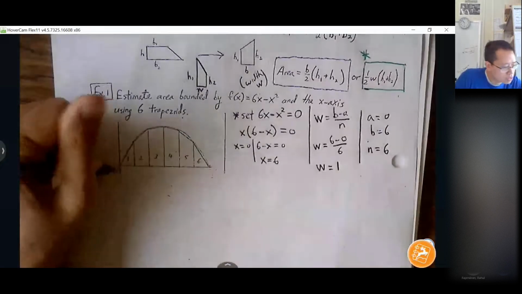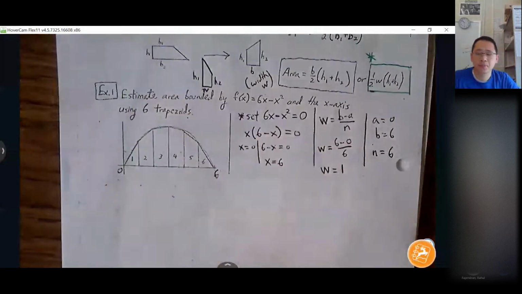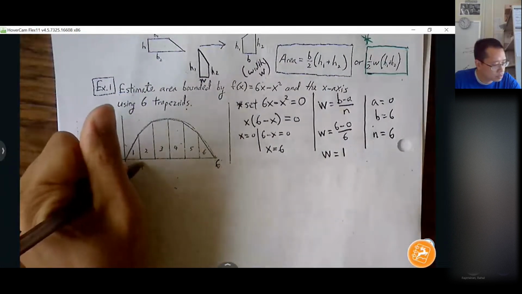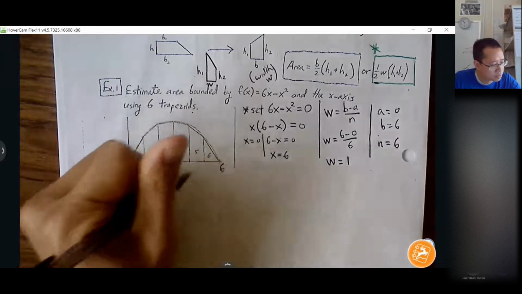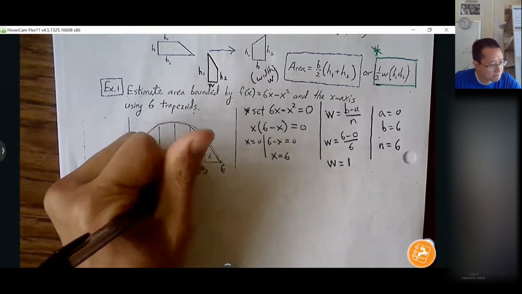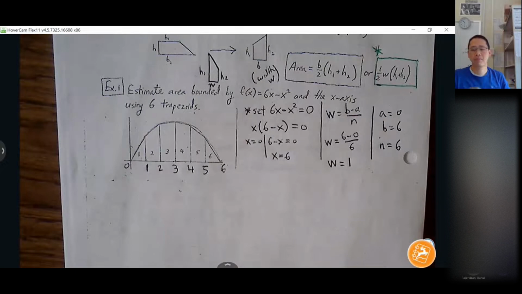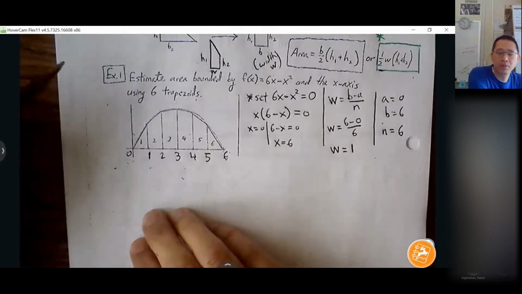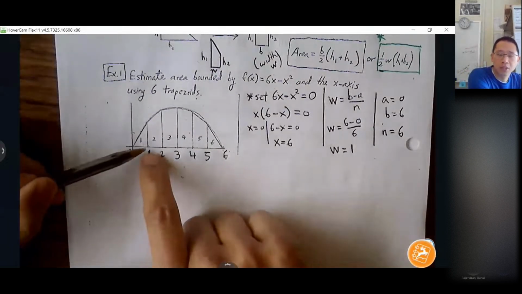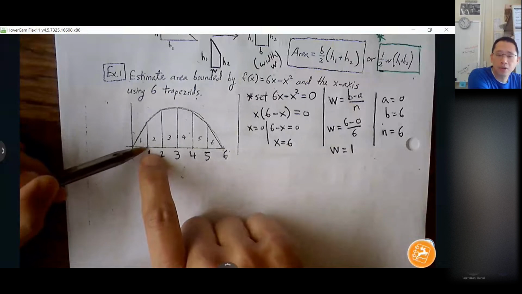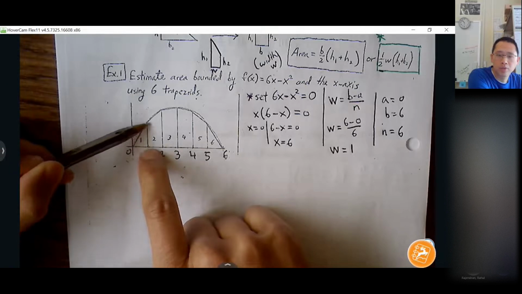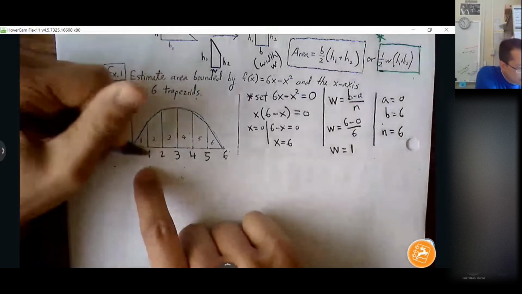So we know we're starting at 0, we're ending at 6. Each of the subinterval values are 1, so we're just going to keep adding 1 until we reach our right endpoint. Now that we have our subinterval values established, we're just going to take each of the starting points where our subinterval is, and draw vertical lines until we reach our graph.